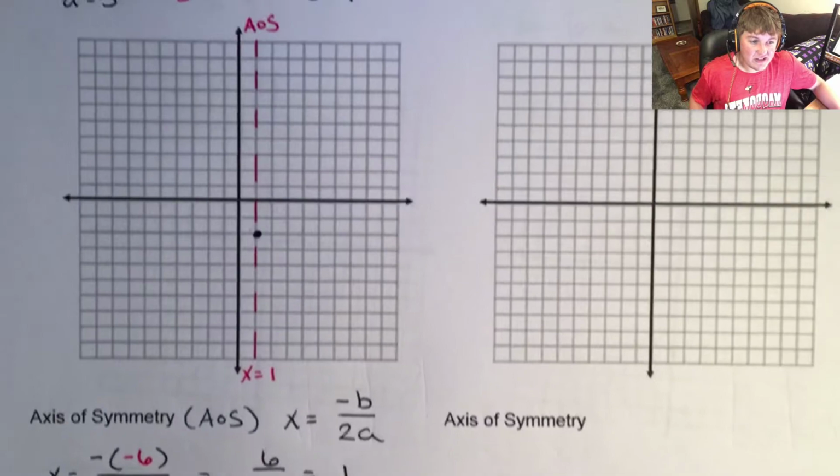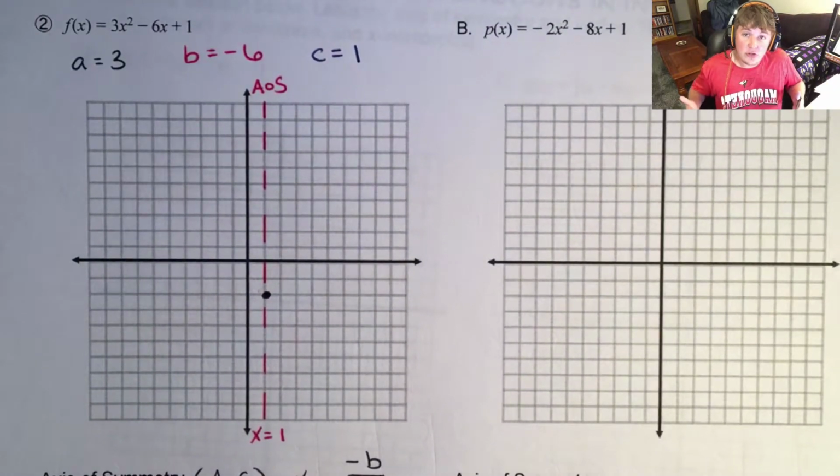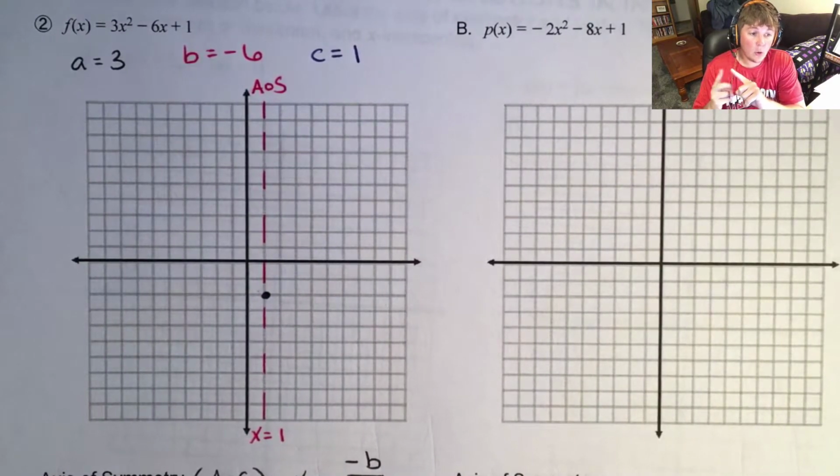Now, here's the nice thing: the a value in vertex form will function the exact same as the a value in standard form or polynomial form. The a value is going to tell me whether it opens up or down. It opens up when it's positive and opens down when it's negative.